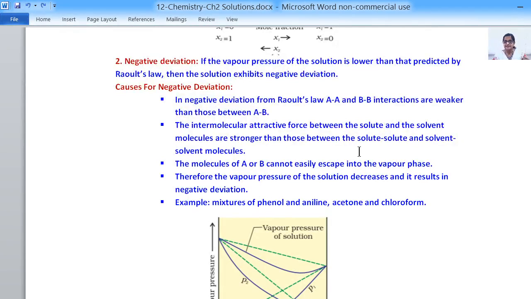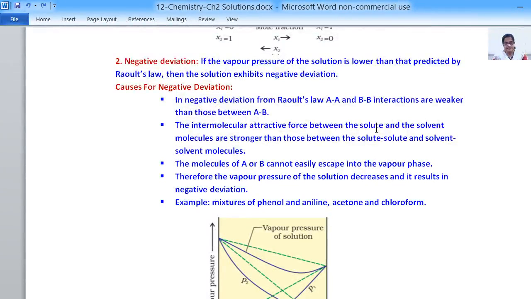You should understand one thing: in negative deviation, A-A and B-B interactions are weaker, whereas the third type of interaction, A-B interaction, is very strong. That is, if A is the solute and B is the solvent, the solute-solvent interaction is much stronger than solute-solute and solvent-solvent interaction.